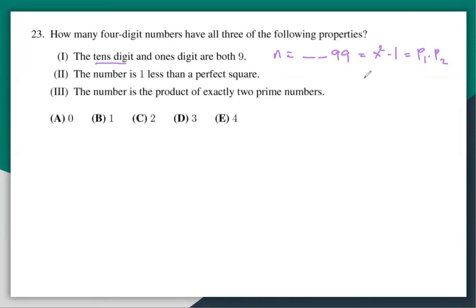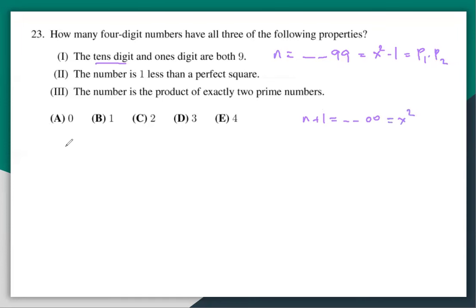The first thing I can try, since the square number is helpful, is to add 1 to both sides. If I add 1 to this 99, you get 2 zeros at the end. So n plus 1 should be something 0, 0, and that will be equal to x squared.